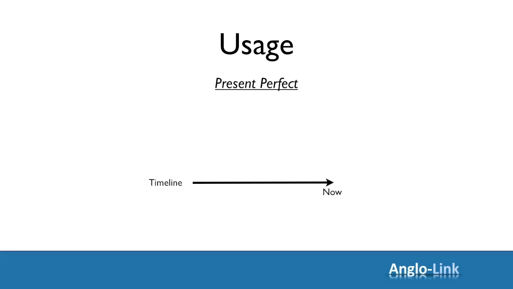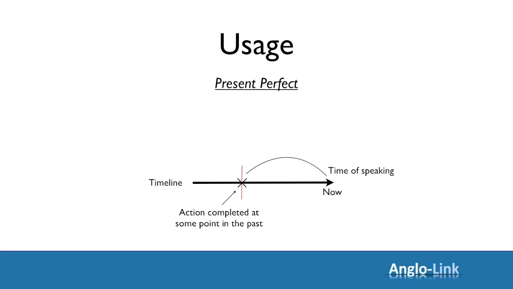Here's the present perfect that you saw in the previous video. An action in the past, completed at some point, we don't know when, or we don't care to mention when. The action is complete at the time of speaking.